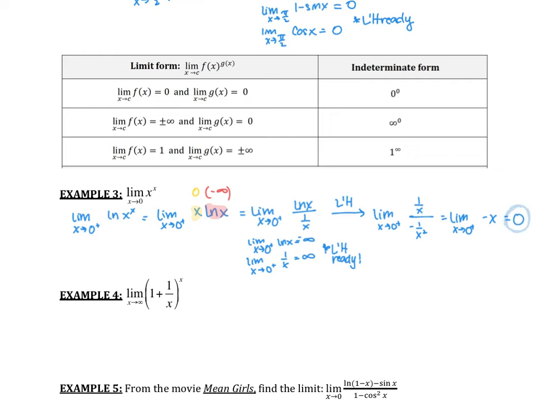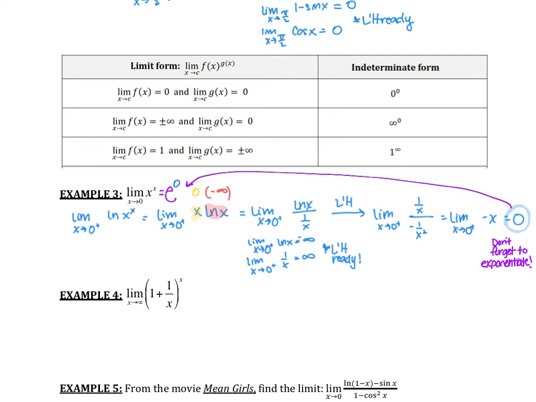Now, you might think this is going to be the answer, but this is not the answer just yet. The reason is that we need to undo the natural log that we took. We're going to call that exponentiating. So don't forget to exponentiate, meaning that when we evaluate our limit, it needs to be e raised to whatever power we get here, and that's e to the 0.